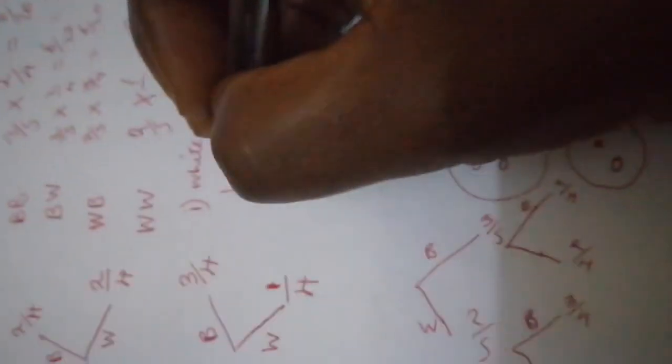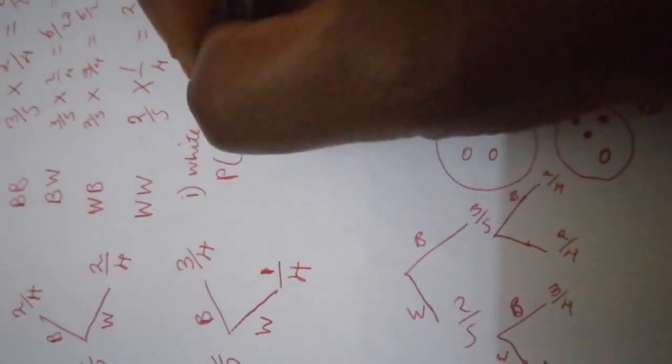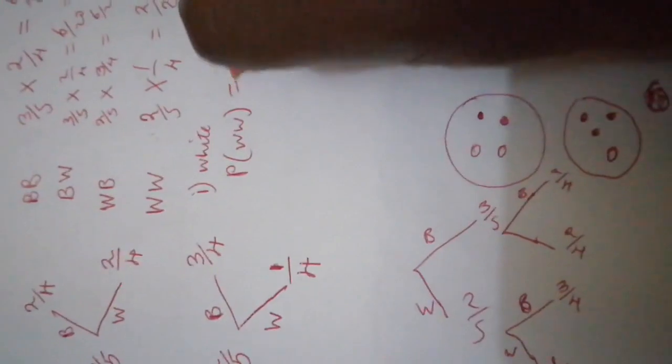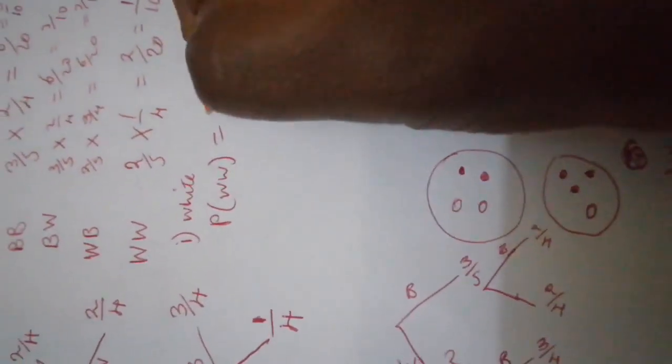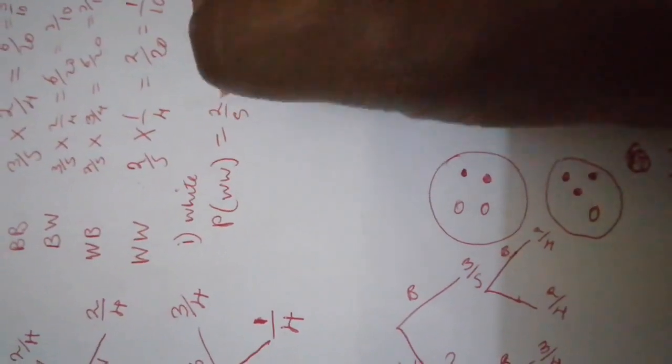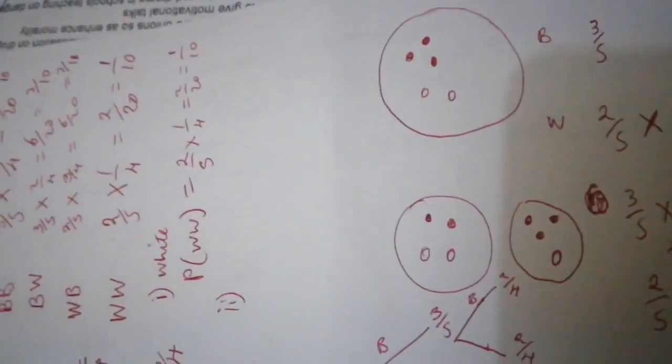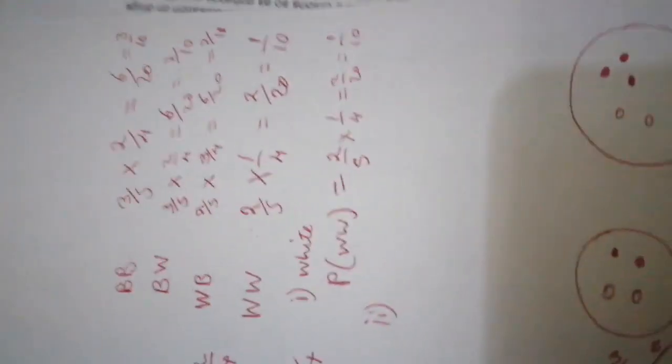So you can say probability of white is equal to, like what we've done here, simply 2 over 5 times 1 over 4, which is 2 over 20 and can be reduced to 1 over 10. Then number 2 is saying the probability that the marbles that were picked are of different colors.